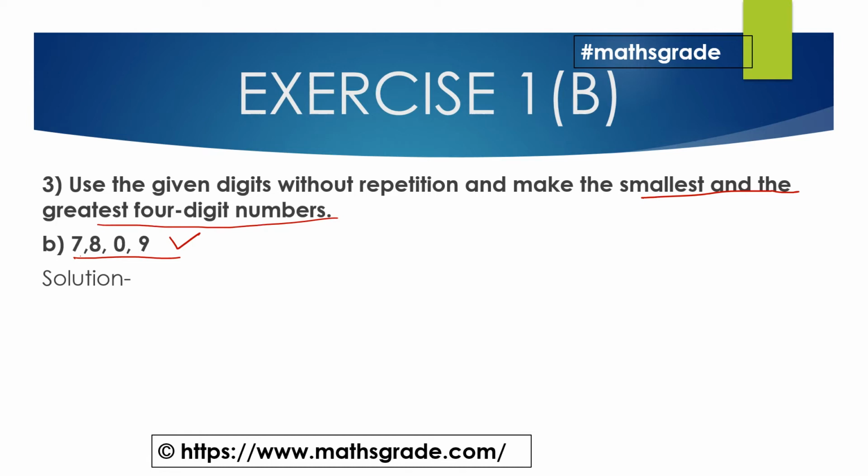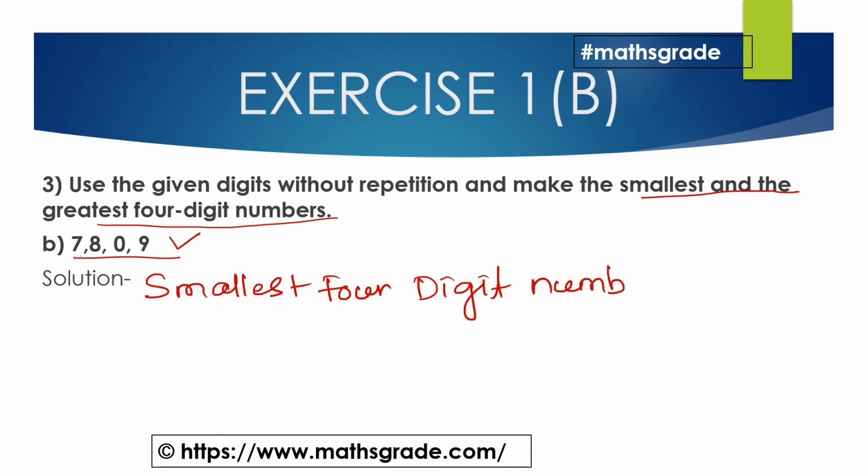So the smallest digit is 0, but this is a 4-digit number, so we cannot use 0 at the thousand place.